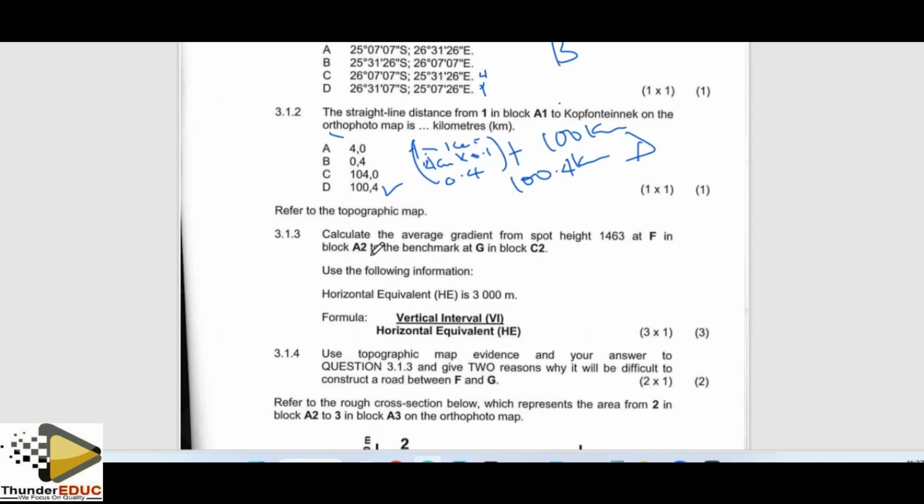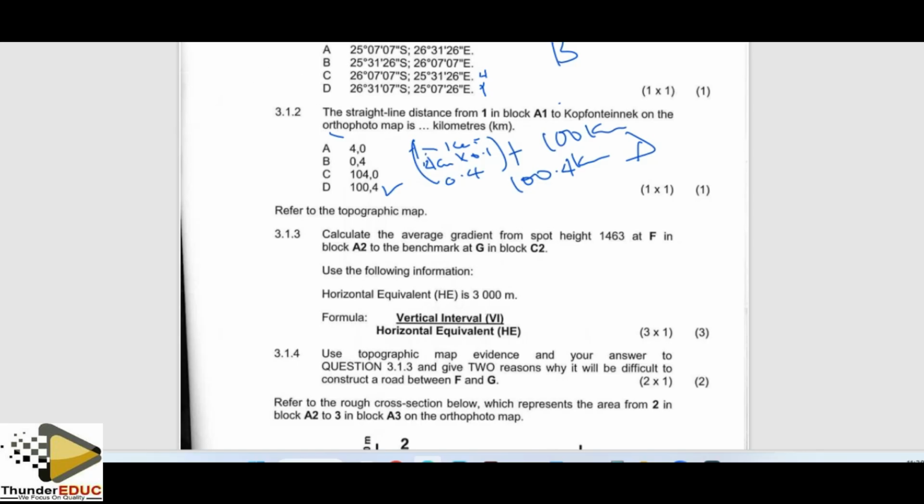Okay, refer to the orthophoto map and the topographic map. The first question says, calculate the average gradient from the spot height 1463 at F in block A2 to the benchmark at G in block C2. So we come here, use the relevant information. The horizontal equivalent is 3000 meters, which is given. So we just need to find the vertical interval.